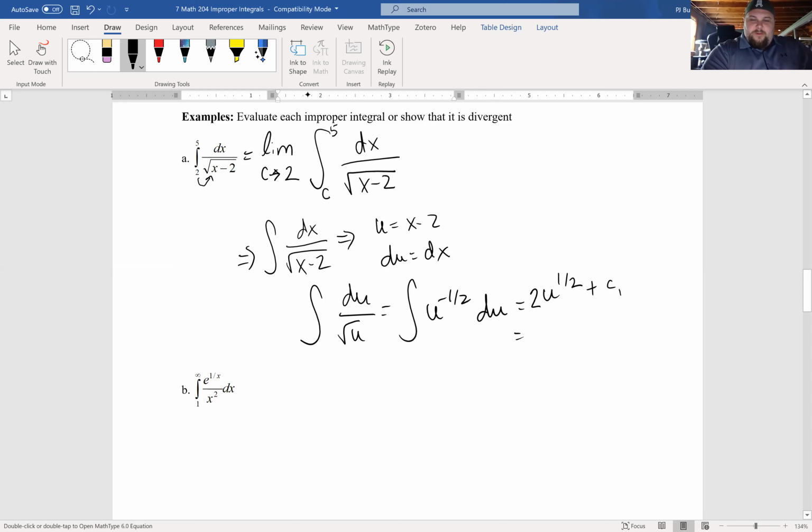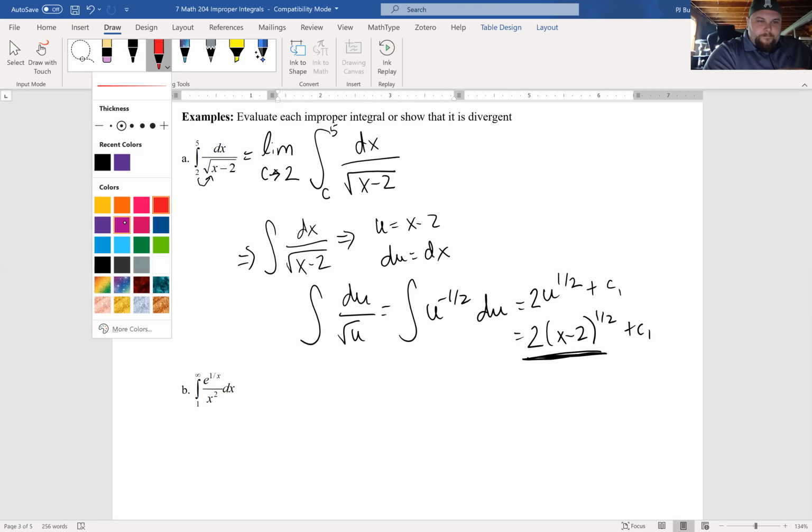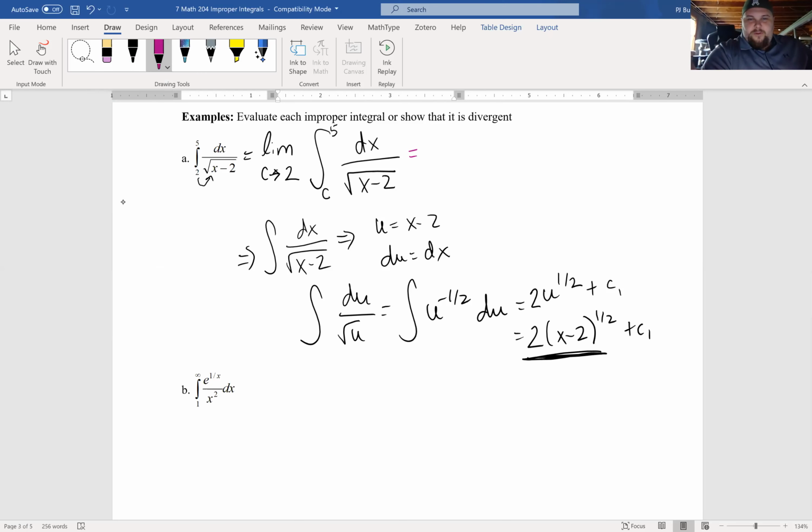Let's replace u here. u is equal to x minus 2. And so I'm concerned with this piece right here. I will go back to the top, and I'm going to use that result now.